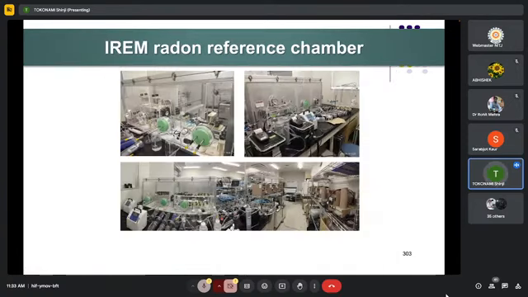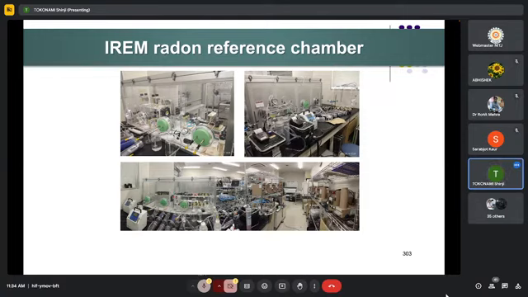This is the overview of our radon reference chamber. Here is a sampling port to take air samples from the outside. You can see the AlphaGuard in the chamber, monitoring the radon concentration in the exposure chamber.